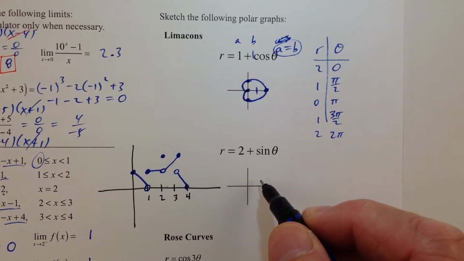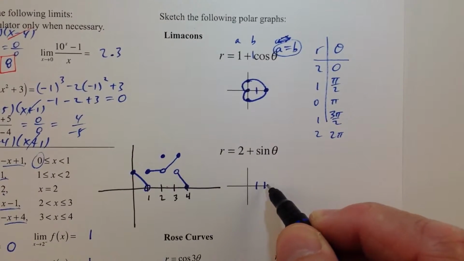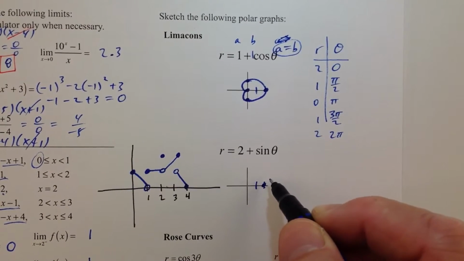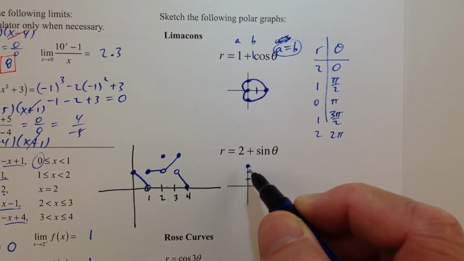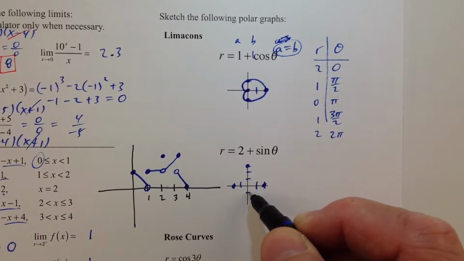2 plus sine of theta, you've got 1, 2, and theta is 0. You have r is 2, and then 1, 2, 3, and then you have 1, 2, and then you have 1 right there.